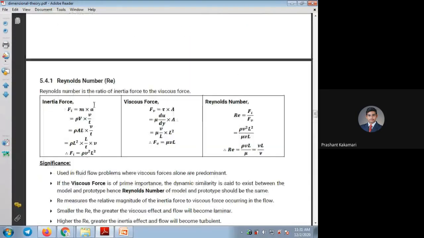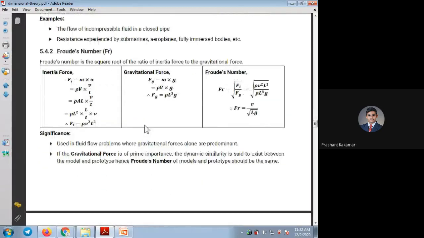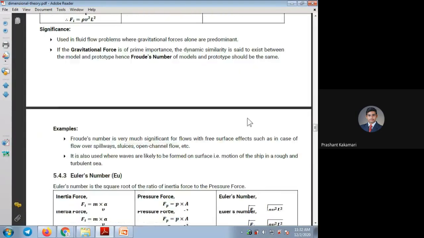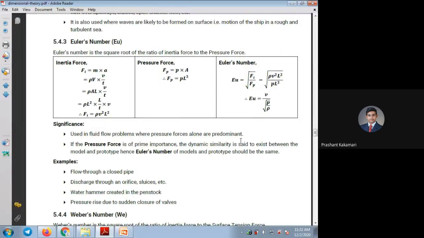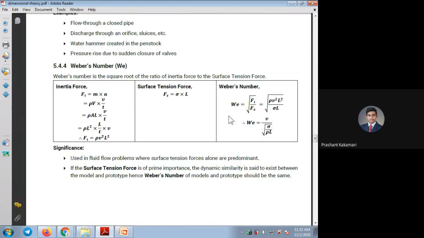If you take the ratio of inertia force to viscous force, it is the Reynolds number. If you take the ratio under root of inertia force to gravitational force, it is the Froude number.